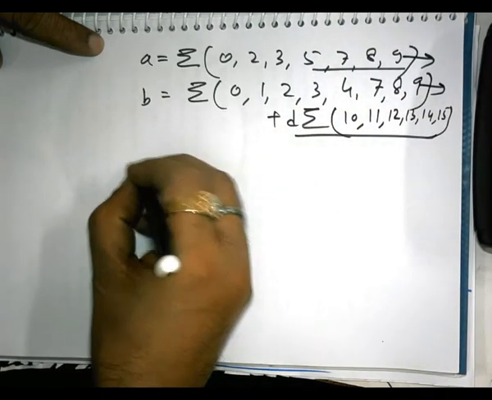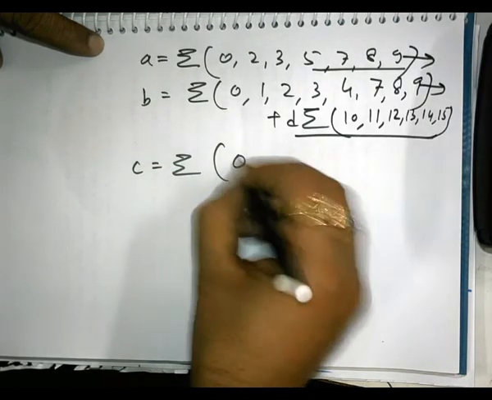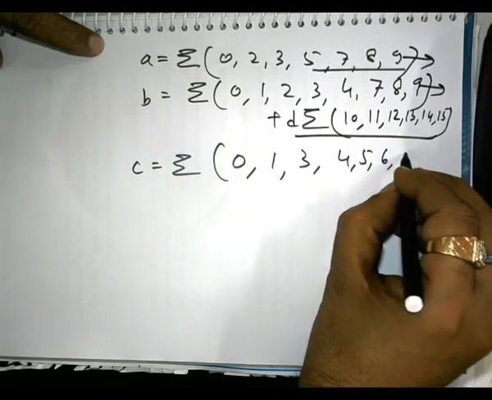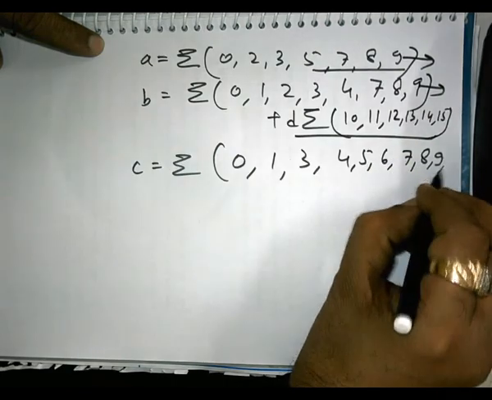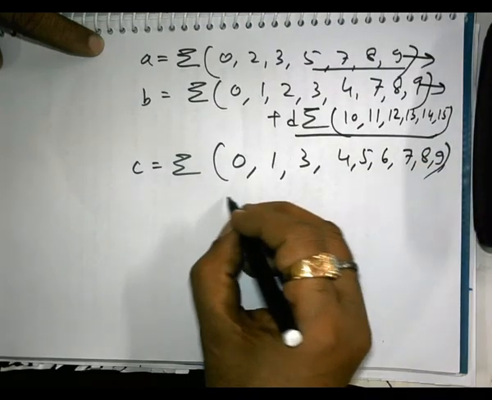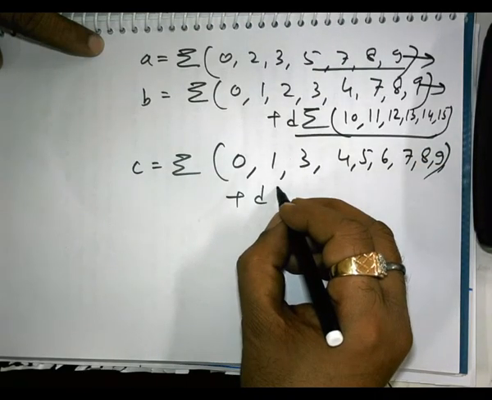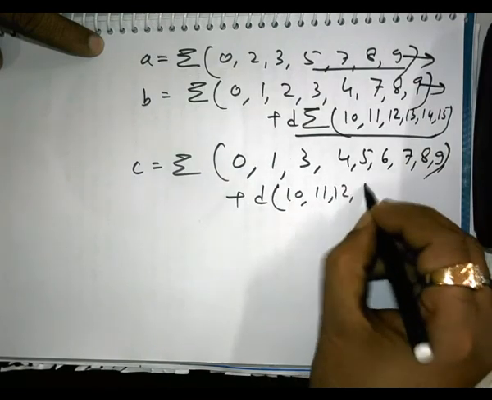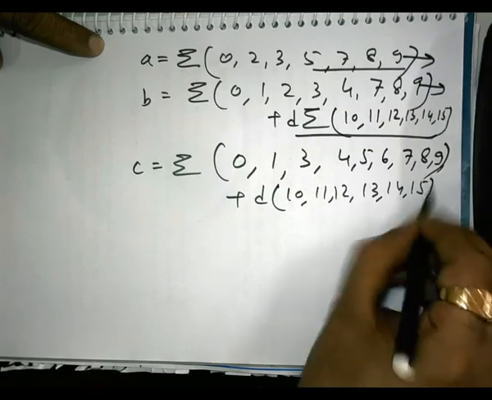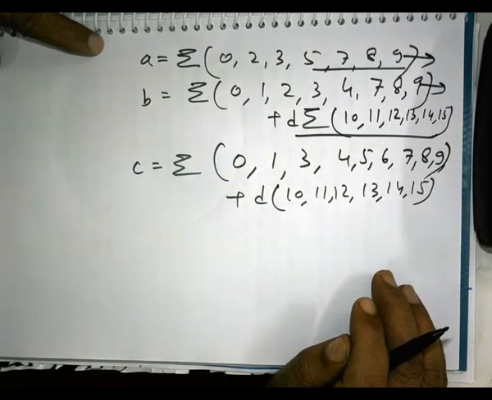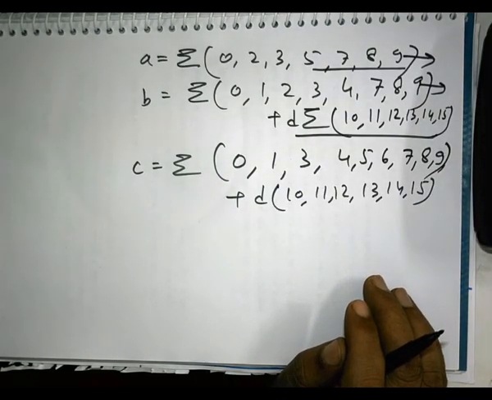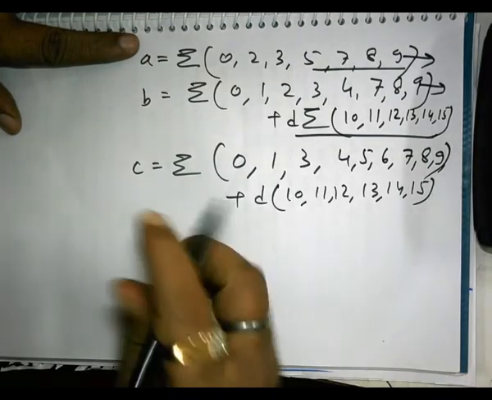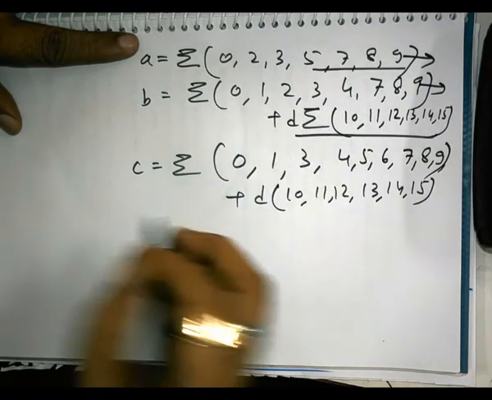Okay. So for segment C, it is summation of 0, 1, 3, 4, 5, 6, 7, 8, 9 plus don't cares. Don't care terms are 10, 11, 12, 13, 14 and 15. Okay. Now suppose if I am going to make a map for A. So how this map will appear?